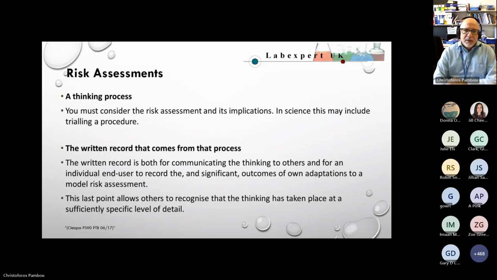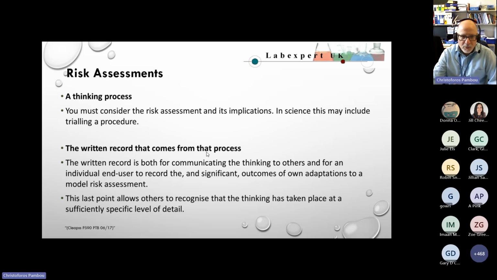And coming to that, the risk assessment is a thinking process. We consider the implications, and this might include trialing a procedure out, and it's something that I'm really fond of. As often as I can, if it's a new activity, I will trial it out, make sure it works, it's safe, then I will give it out to the class.